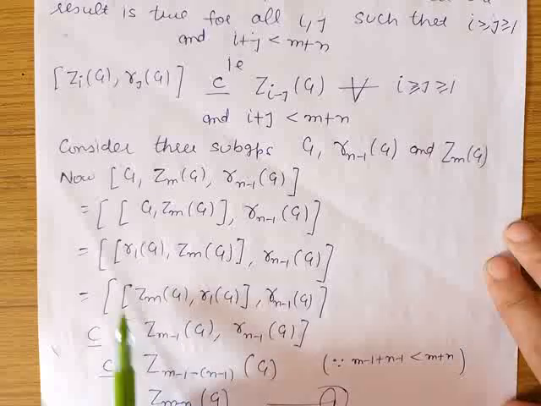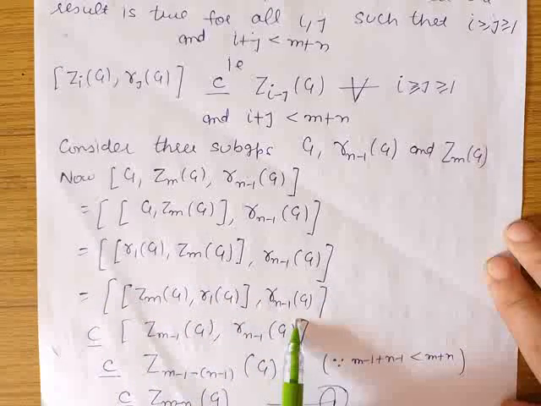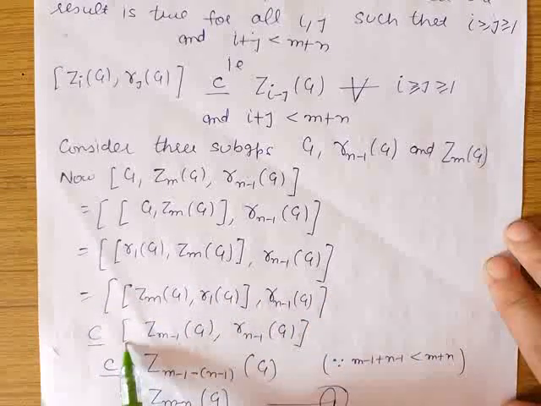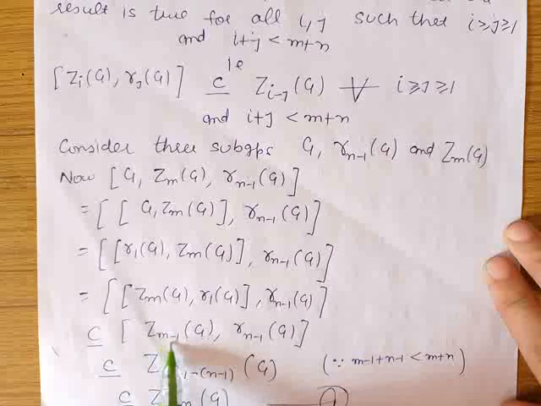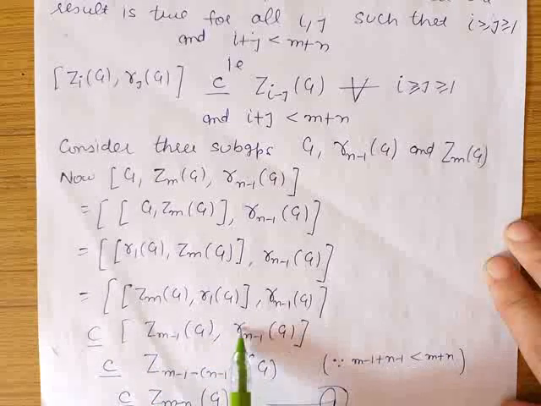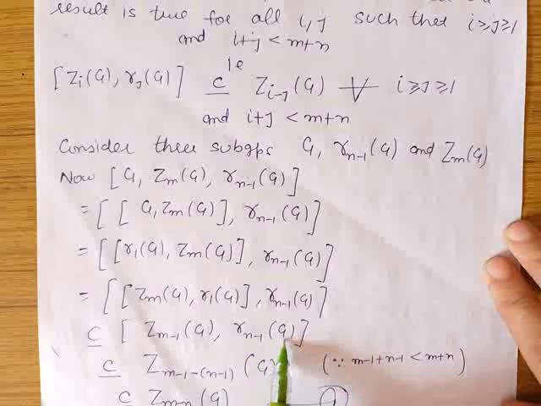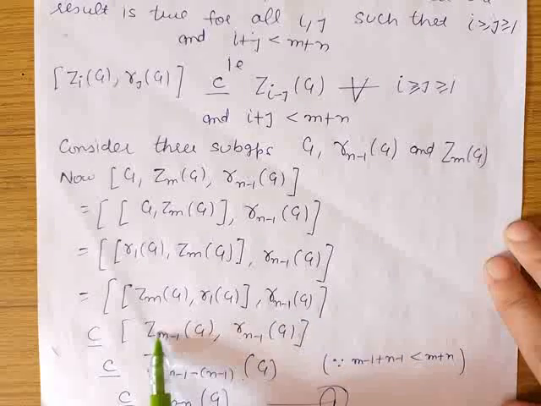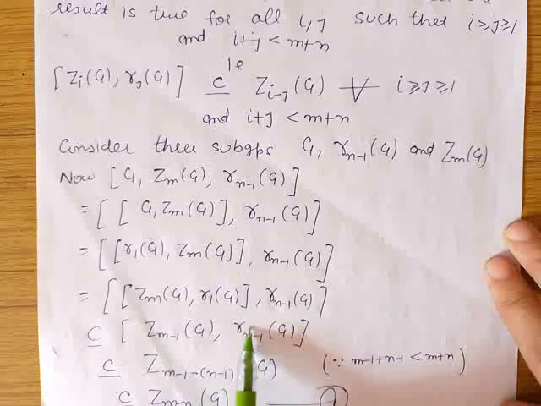Zm minus 1 G. So this whole commutator will be contained in the commutator of Zm minus 1 G with gamma n minus 1 G. Again, these two suffixes are having the sum less than m plus n. So again we can use induction step.